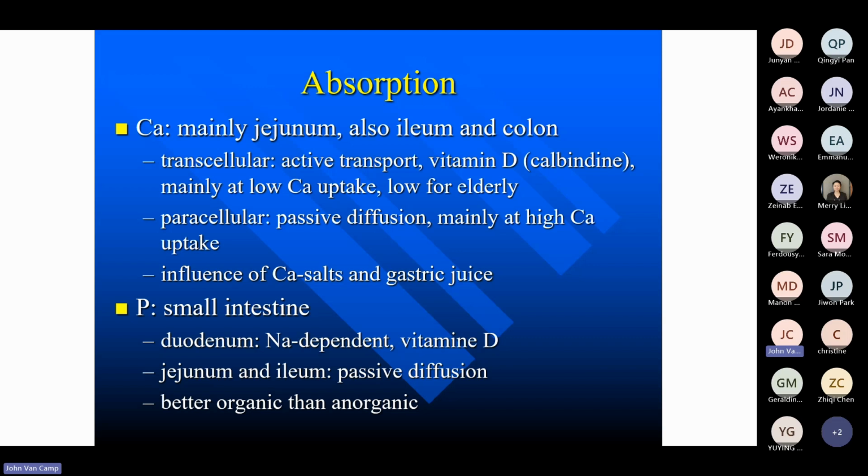So if you acidify it, the bioavailability is increased. If it's more alkaline, then of course the uptake is more or less disturbed. For potassium, same discussion. Vitamin D dependent transport, passive diffusion, also depending on the dose that you give, and better absorbed in organic than in inorganic form.